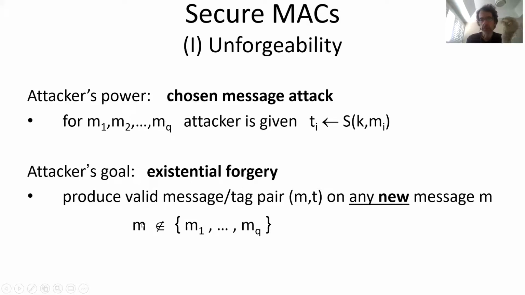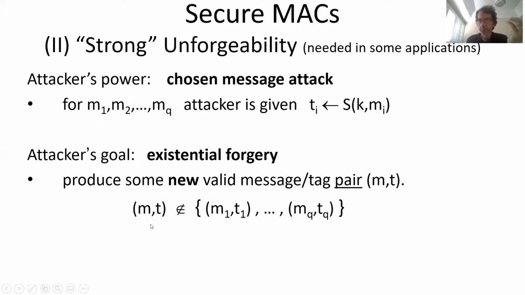So if M is in the set, this notion just does not admit this as an attack, even if T was different from Ti. But this notion would. If M was, say, M1, but T was not T1, this would be considered an attack against strong unforgeability.